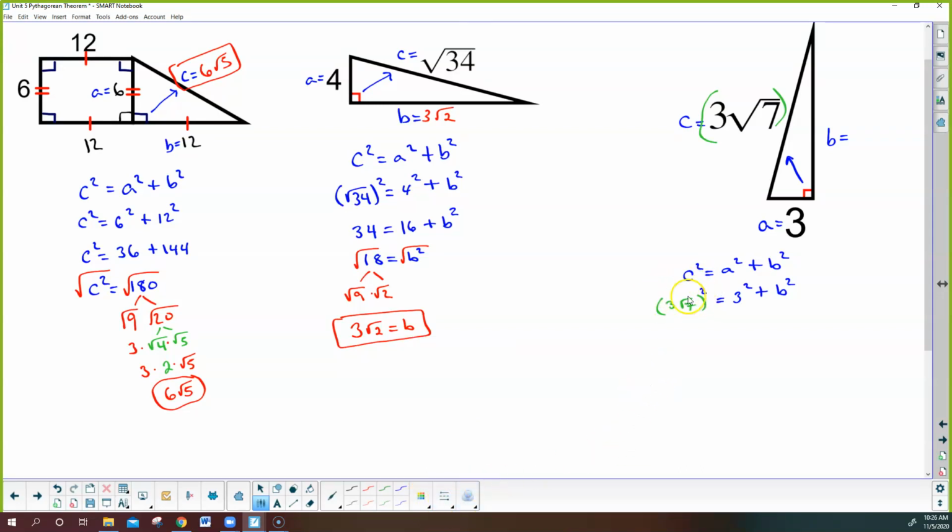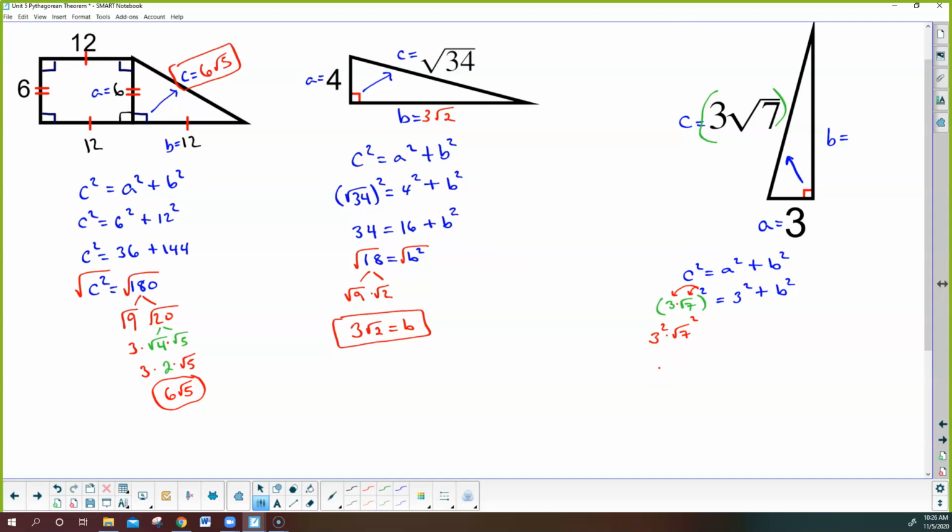Right away, they're like, ooh, cool, that square root and the squared reduce out. However, it's almost like the distributive property. I don't want to call it that, but you're basically saying everything inside of that parenthesis is going to be squared separately.